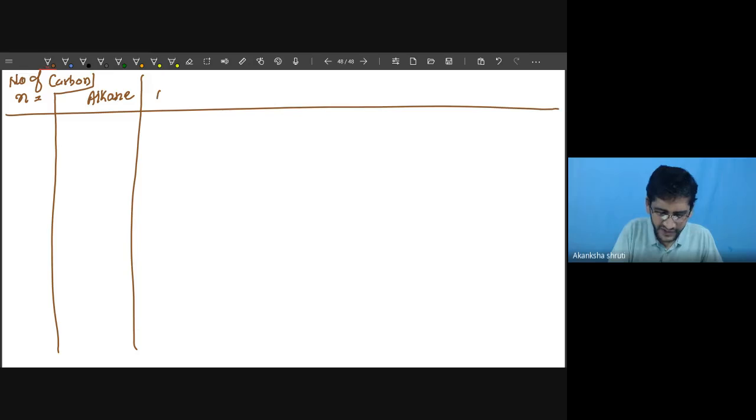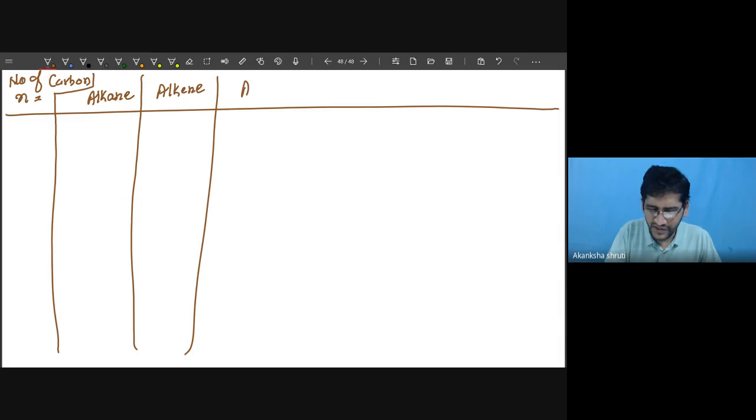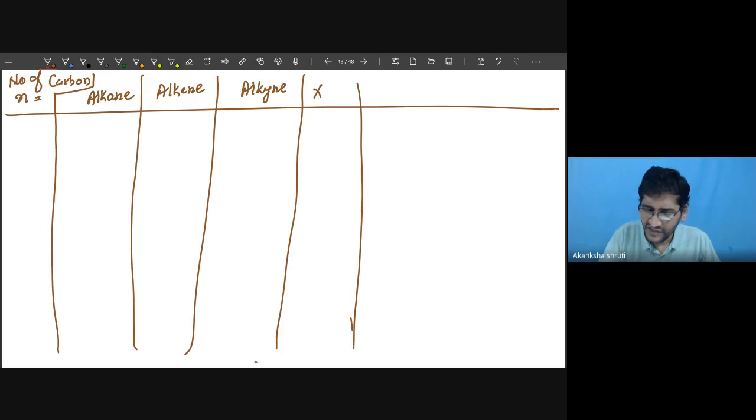Then for alkene I will write. Then for alkyne I will take. And after that, for chlorine I will take one of the X. Then OH, all the other rules are the same.